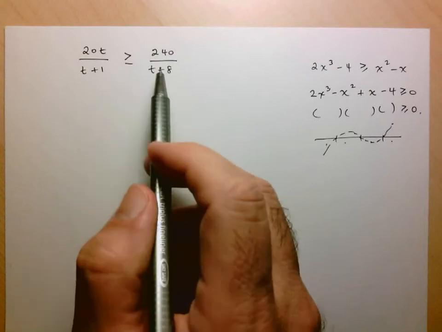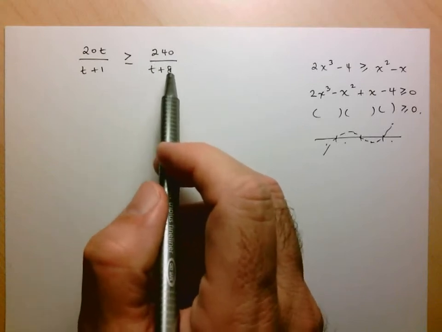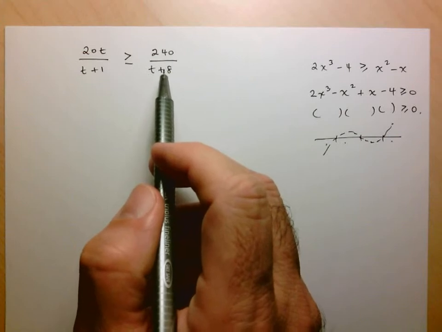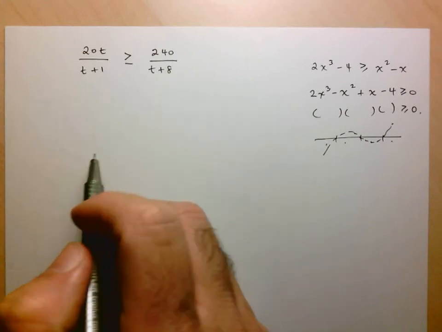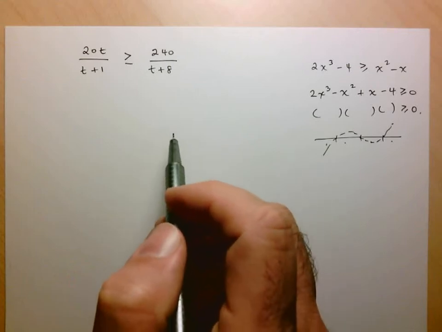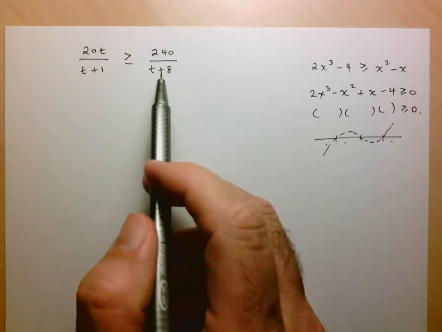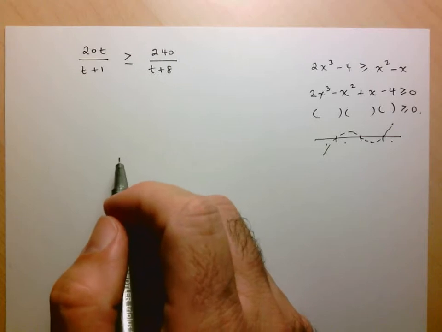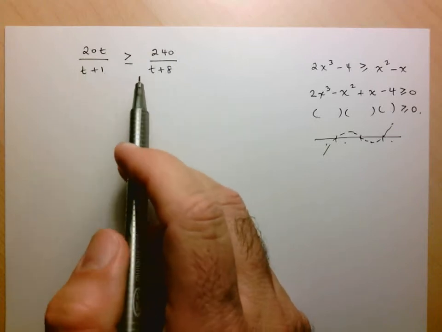But then in each of those cases we're also multiplying both sides by t plus 8, which could also be positive or negative. So for each of those two cases you're going to have to split it up into two cases again, depending on whether t plus 8 is greater than or equal to 0. So we can see that it can get very complex very quickly.